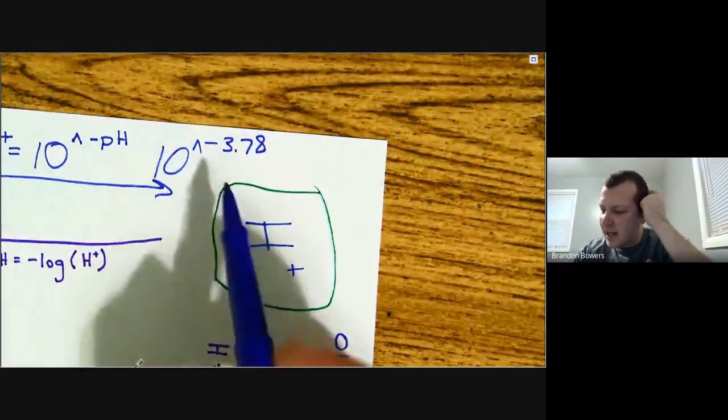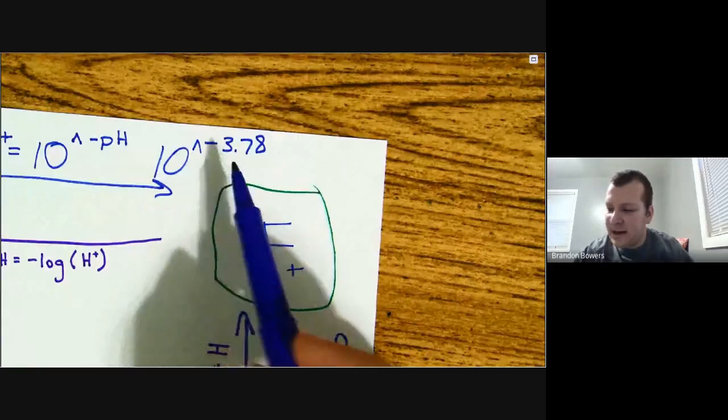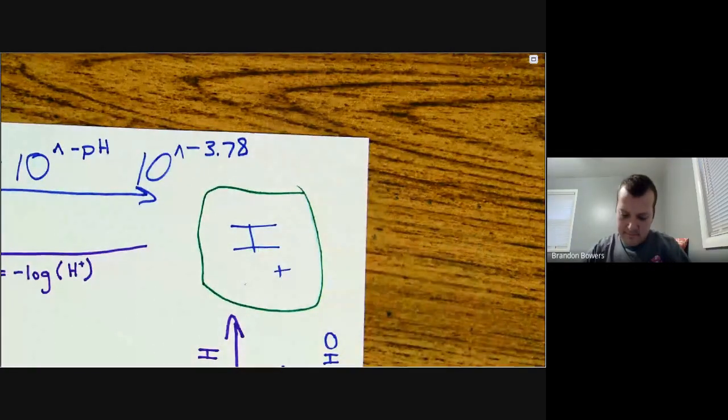So that is what you're going to plug into the calculator: 10 caret negative 3.78. And what I got was 1.66 times 10 to the negative 4th.